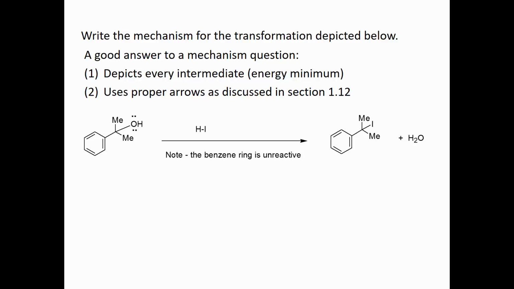It would use proper arrows as we discussed earlier in this chapter. Okay. Also, another hint is when organic professors start drawing lone pairs at oxygens, they often intend for you to use them. Okay. And one other thing I have to stress about a mechanism problem.